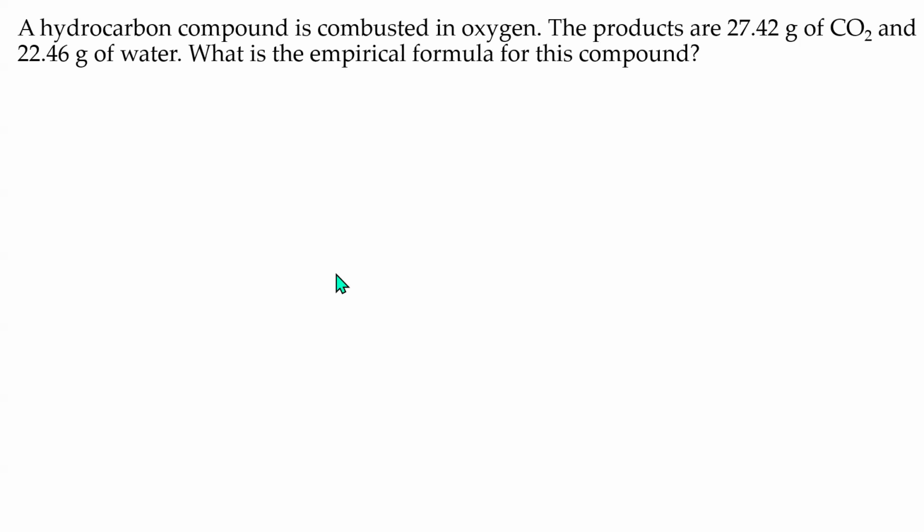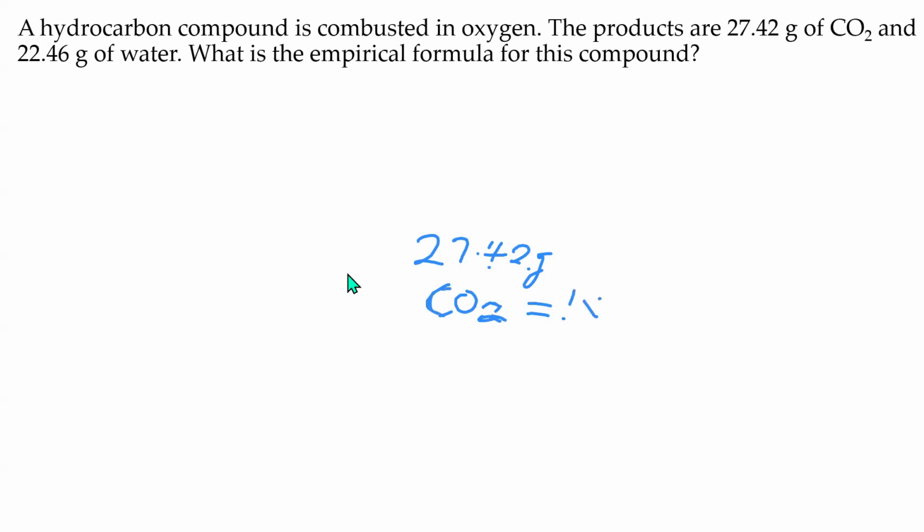So clearly we can see that the carbon dioxide has 27.42 gram. Therefore, the most important thing here is to calculate the molar mass of carbon dioxide. Carbon dioxide has one carbon and two oxygen.